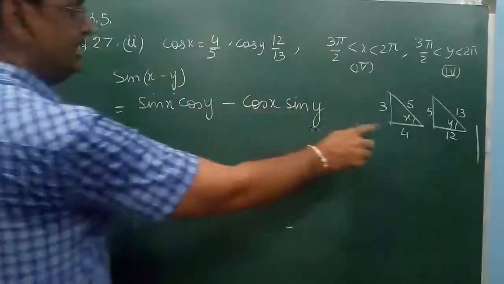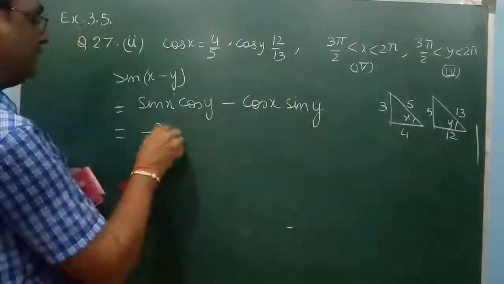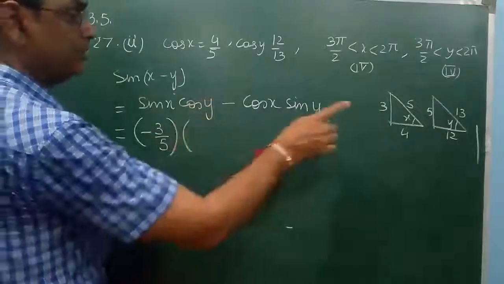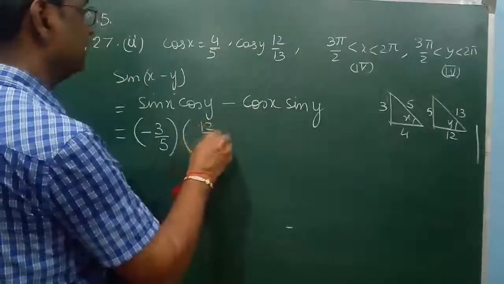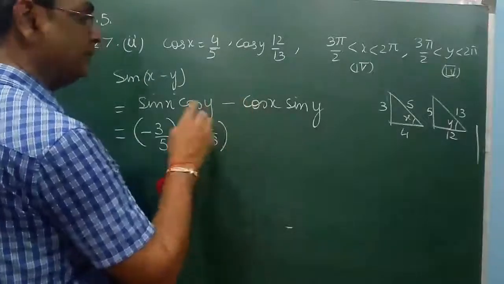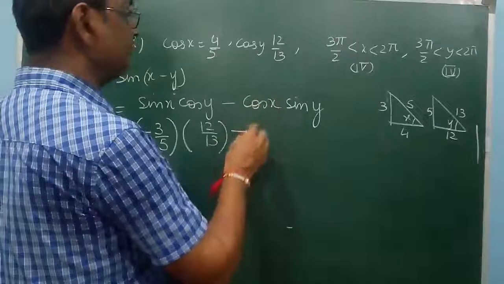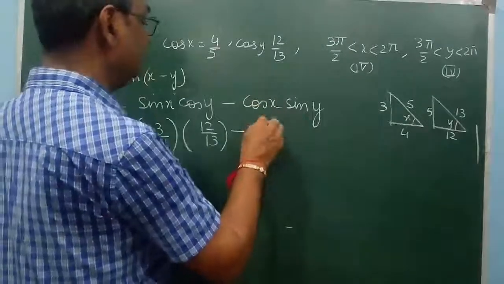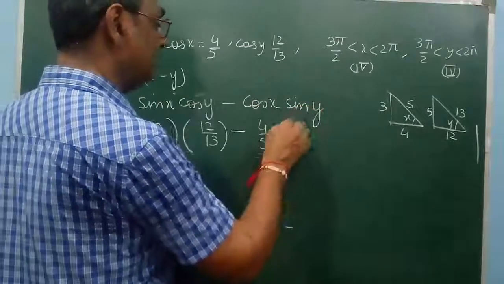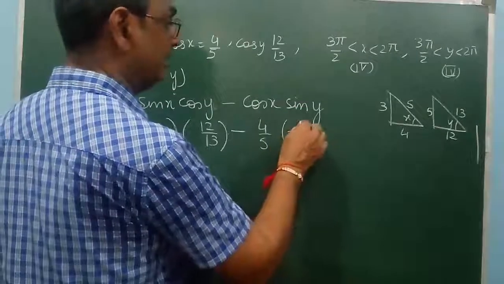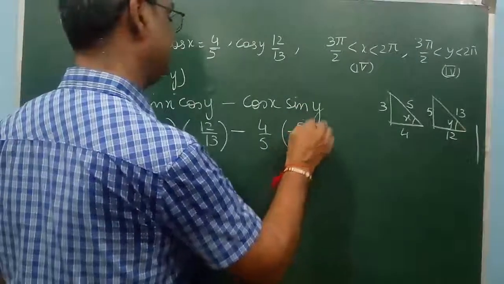Sin x is minus 3 by 5 because x lies in the fourth quadrant. Cos y is 12 by 13, it is already given. It will be positive because y also lies in the fourth quadrant. This will be negative because x lies in the fourth quadrant, and this will be positive because y lies in the fourth quadrant. Sin y is 5 by 13.